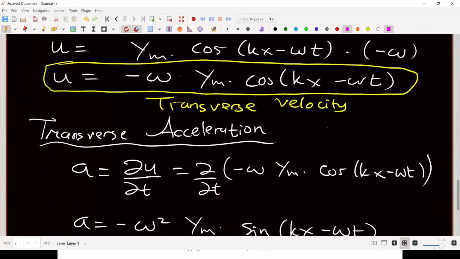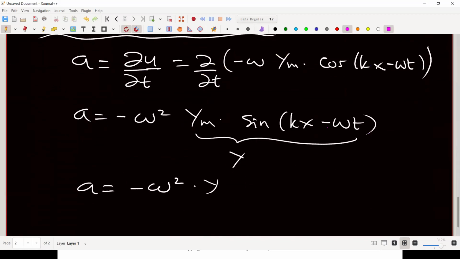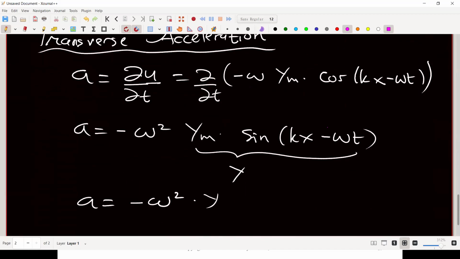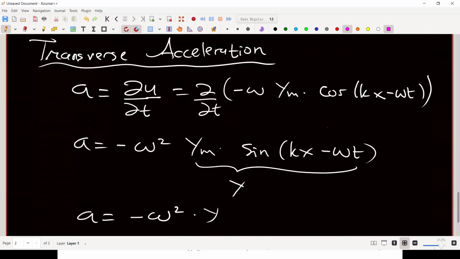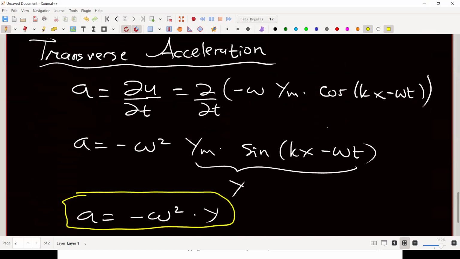So this is the transverse acceleration. You can use this one or this one.